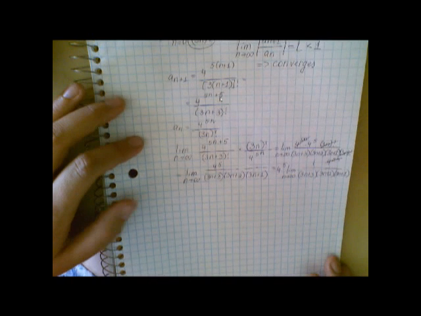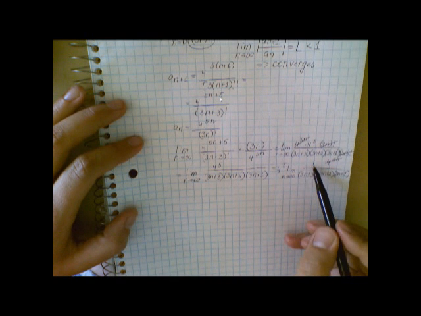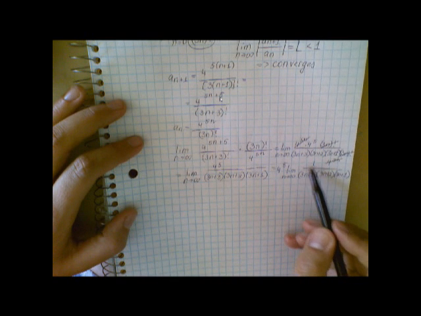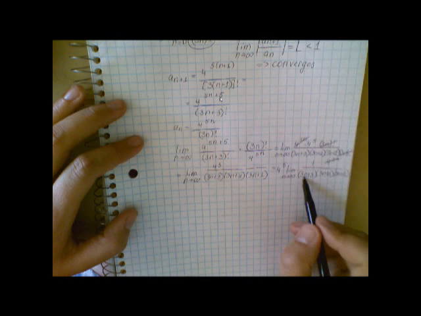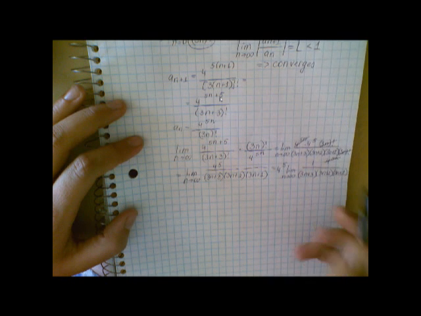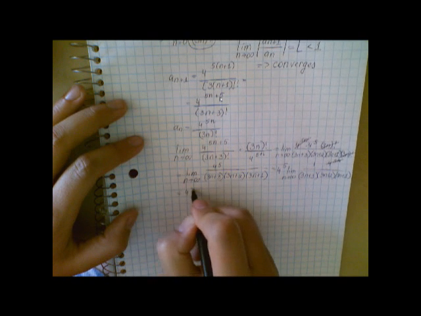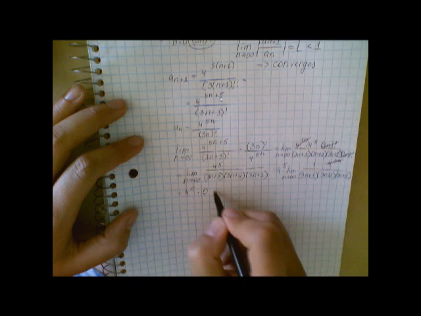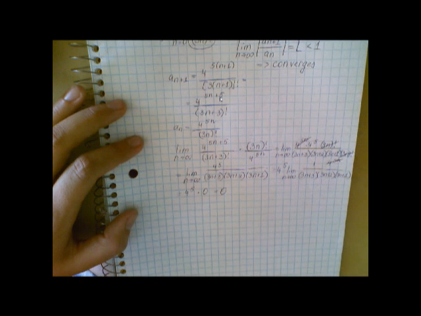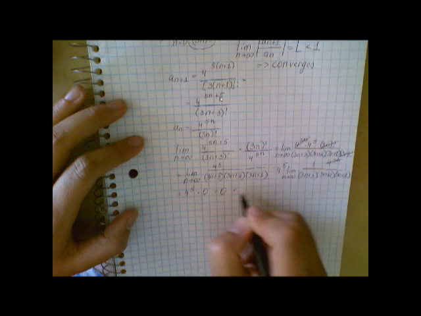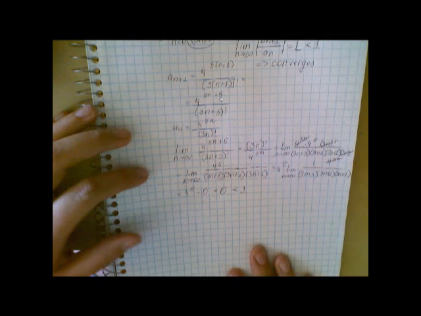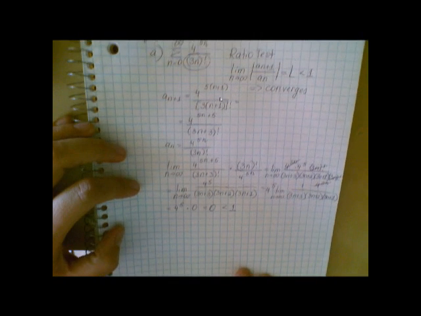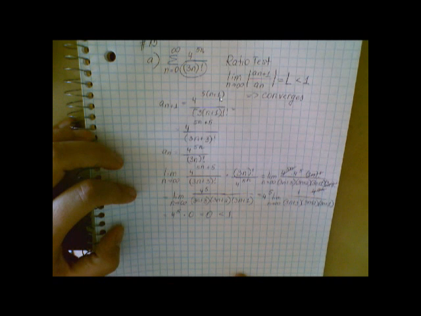Now notice that the degree of the top here is 0. There are no n's on top, but there are 1, 2, 3 n's in the denominator. So that means that for the limit we get 0, and the whole thing goes to 0, which is less than 1. So by the ratio test, the original series converges. Okay?